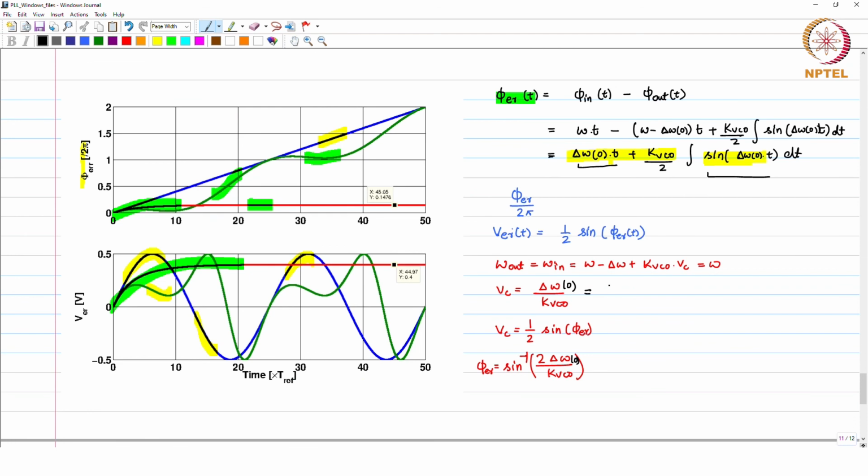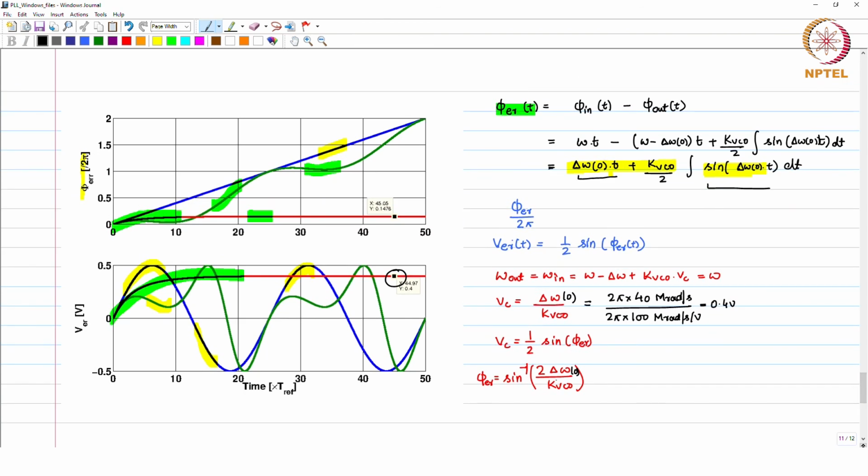So, based on our frequency error, what you have is 2 pi into 40 mega radians per second by k VCO, which was 2 pi into 100 mega radians per second per volt. So, you see this voltage is 0.4 volt, okay, and that is where your error voltage settles to, which is 0.4 volts.